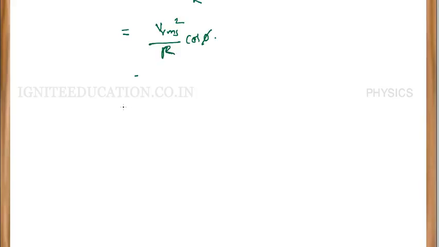Now I'll write an expression for the phase difference. I'm drawing a phasor diagram in which the phase angle is represented as phi, on one side is R and on the opposite side is XC minus XL.